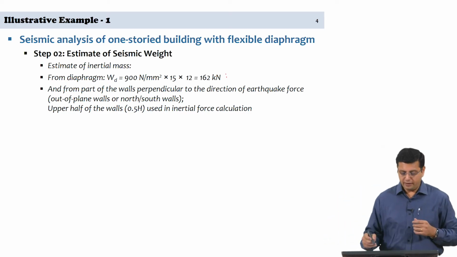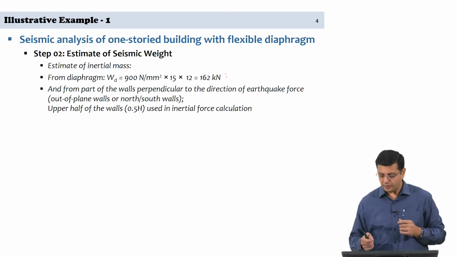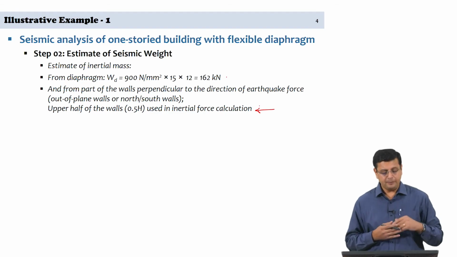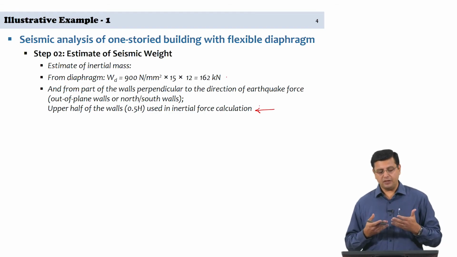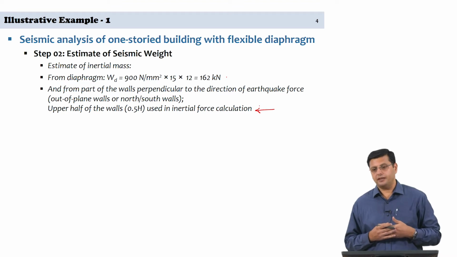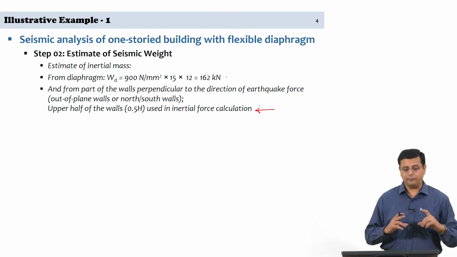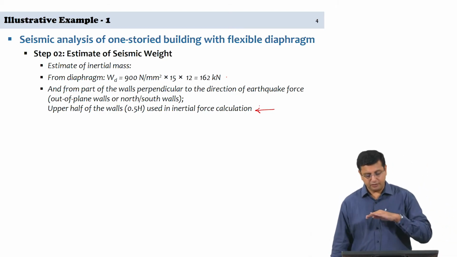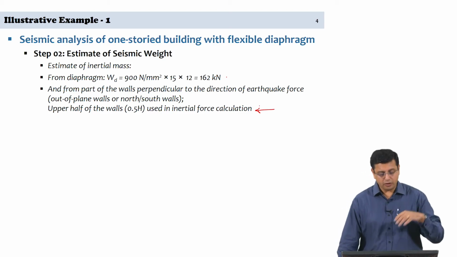Normally, we look at one half of the height of the walls in calculating the inertial force, particularly when we are looking at the ground story. The base of the ground story structure is seated directly on the ground, and we only take the upper half of the structure in the calculation for the floor weight itself.